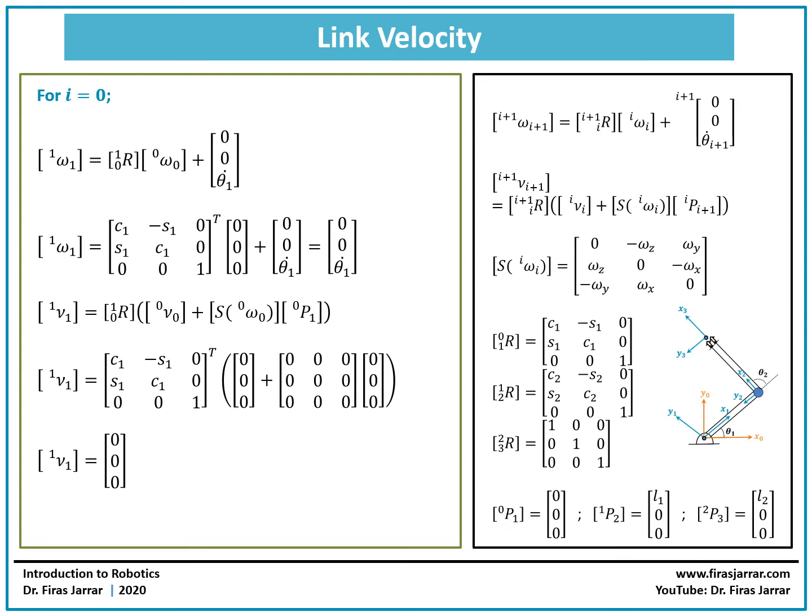Now we start applying the formulas by substituting values for i from 0 up to 2. If we substitute for i with 0 here, this becomes the angular velocity of link 1, and here we'll have R of 0 with respect to 1, and this is going to be the angular velocity of 0, or the base, and here we will have theta 1 dot, which is shown here.